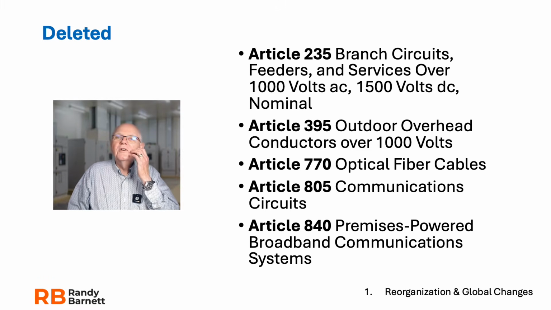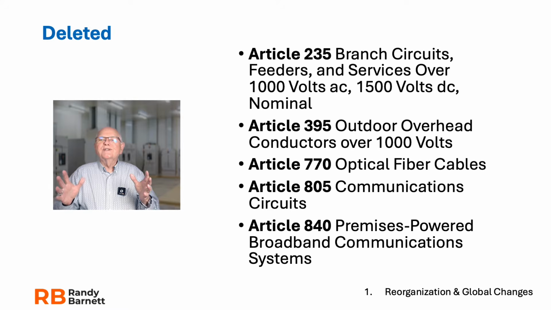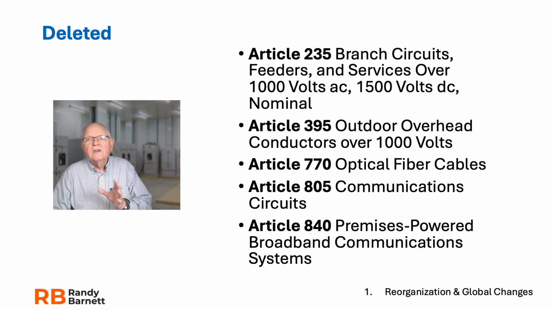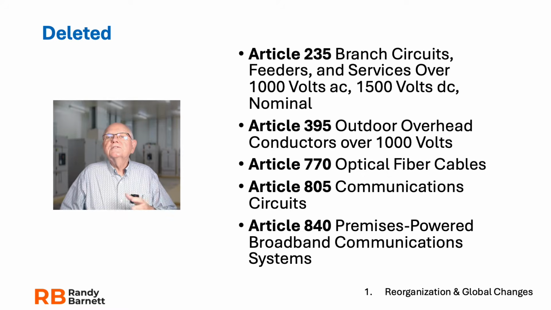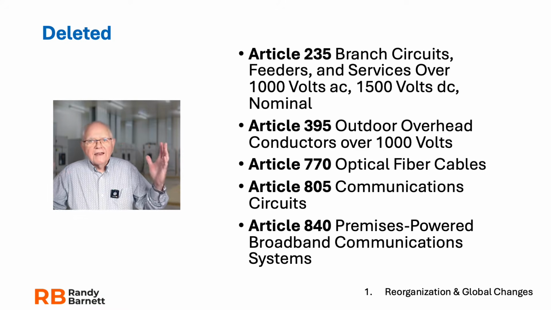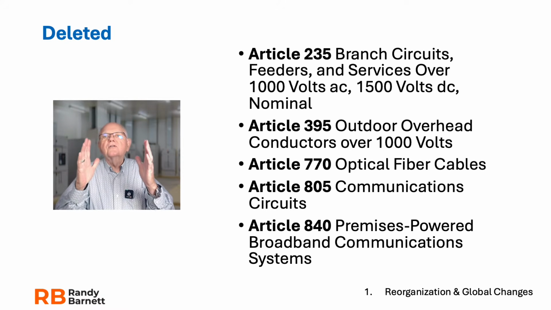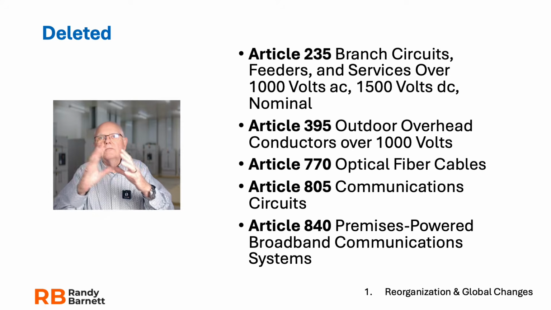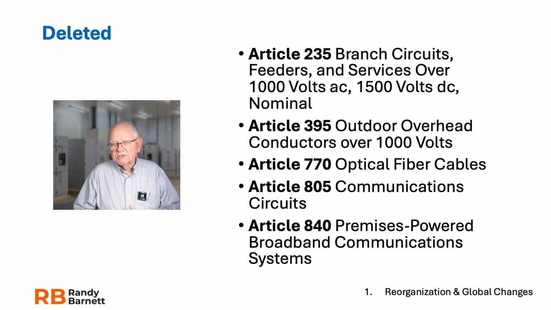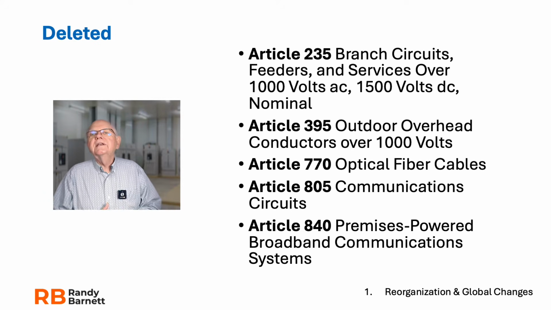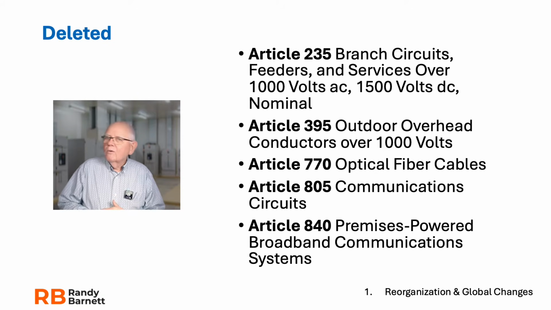Article 235 was deleted. Now, don't panic when you see these articles are deleted. It just means the information was probably relocated somewhere else as need be. So branch circuits, feeders, and services over 1,000 volts AC, 1,500 volts DC. Well, all of that information was grouped together in that Article 235. That's now been broken out into different articles, as we just saw. Article 395 was on outdoor overhead conductors over 1,000 volts.